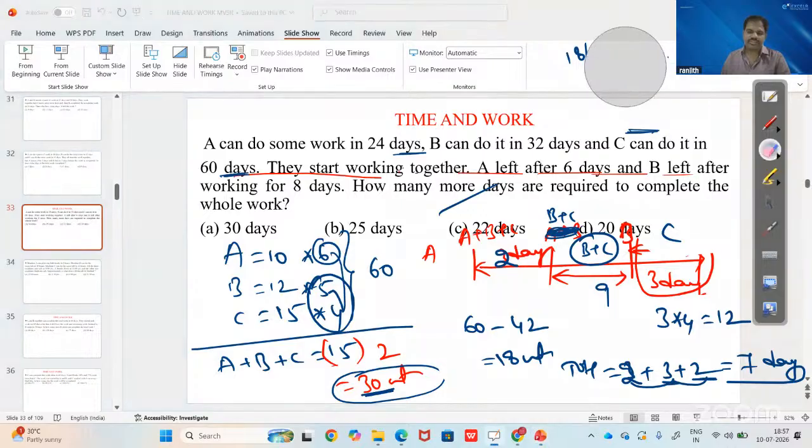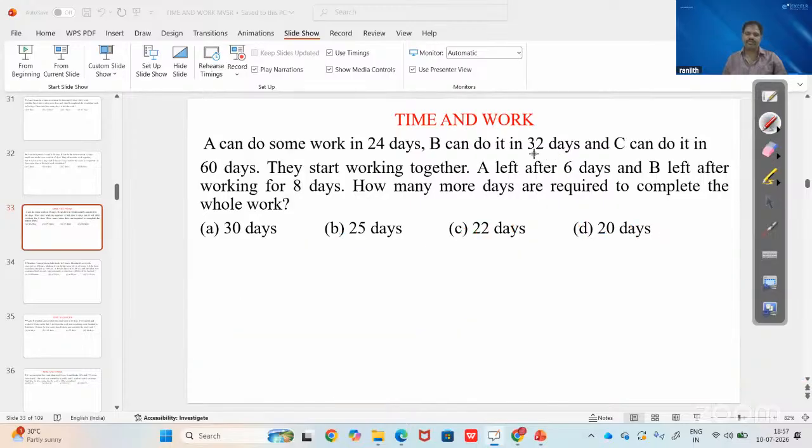So last question for today's class. A can do some piece of work in 24 days, B can do it in 32 days and C can do it in 60 days.